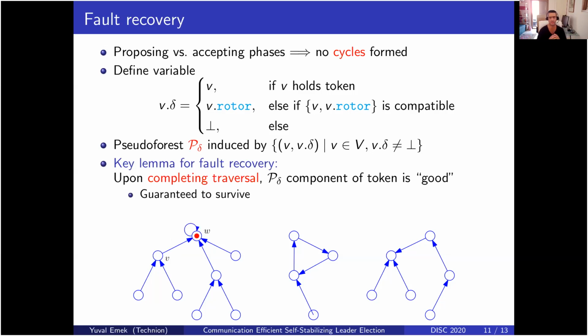I'll just say that it basically means that this component is guaranteed to survive from now on. We use this lemma to introduce the fault recovery time TFR, which is some order of n, and prove that from that time onwards, no tokens are lost and no node experiences a restart.